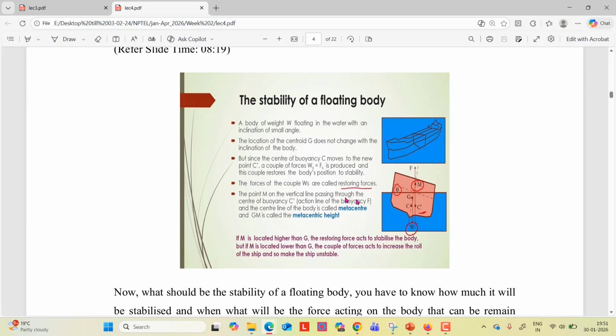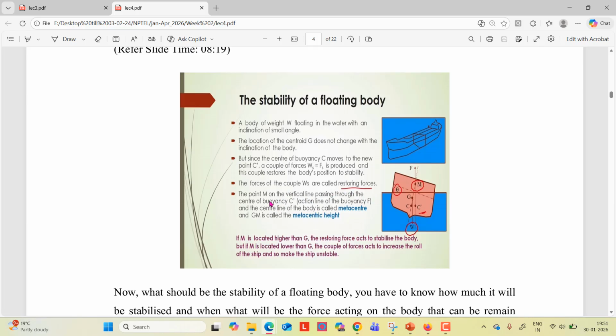But the center of buoyancy, this is C, changes, moves to the new point C prime. A couple of forces WS is produced and this couple restores the body's position to stability. You can see this W, right? It will try to restore it. The force of the couple WS is called restoring force.